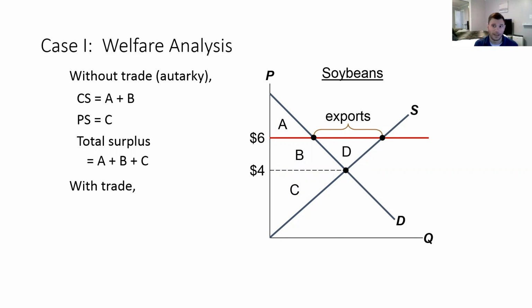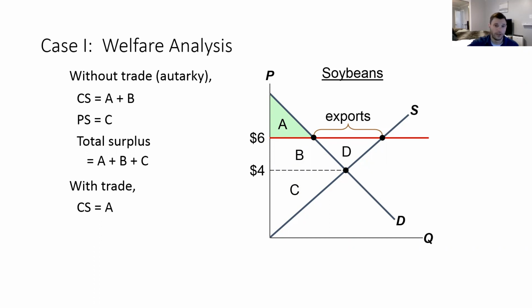So now the area above 6, below the demand curve, to the left of the quantity is a little bit smaller, and the consumer surplus is reduced from A plus B down to only A. So we can see immediately here that consumers are actually worse off under free trade than they were when the economy was isolated away from free trade.